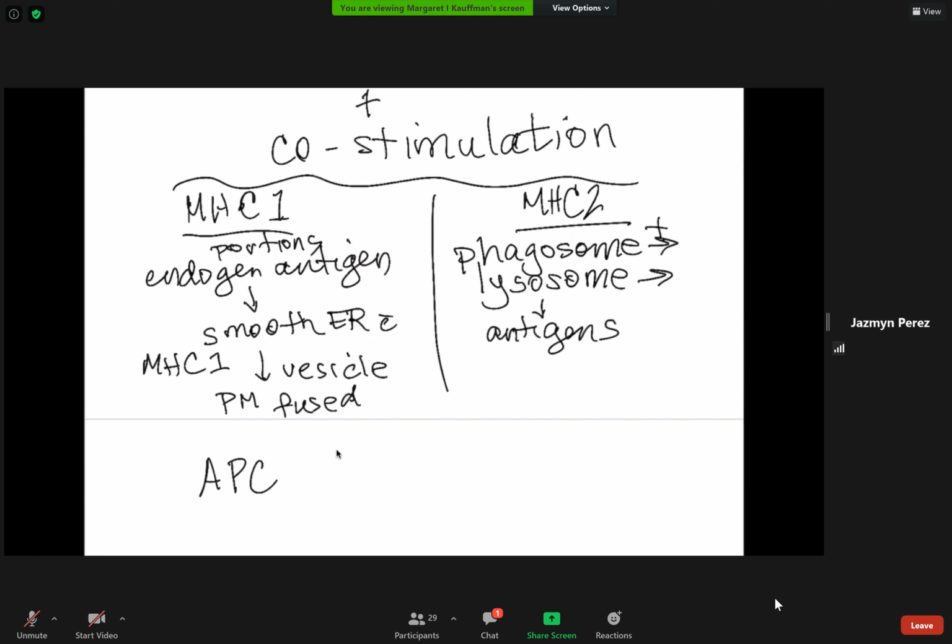The loaded MHC2 molecule would then be placed onto the membrane and would look for a CD4 cell. The CD4 binds to the MHC2, and the T cell receptor finds that particular antigen. If the CD4 cell is bound as well as given the correct interleukins, it undergoes mitosis at a high rate, which allows it to make multiple copies of itself, and it becomes T helper cells and T regulatory cells.